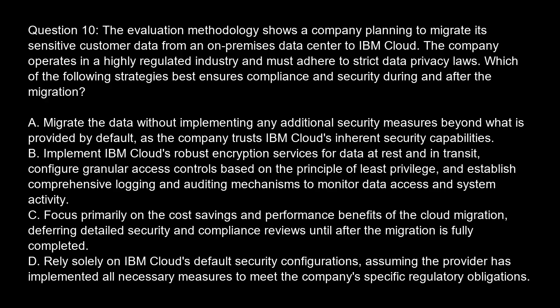Option C. Focus primarily on the cost savings and performance benefits of the cloud migration, deferring detailed security and compliance reviews until after the migration is fully completed. Option D. Rely solely on IBM Cloud's default security configurations, assuming the provider has implemented all necessary measures to meet the company's specific regulatory obligations.